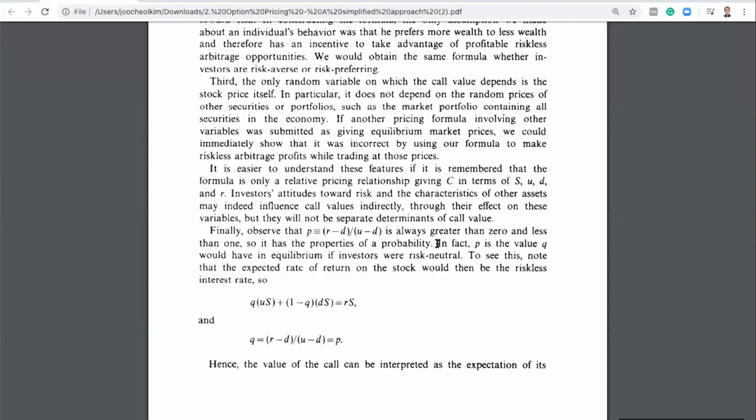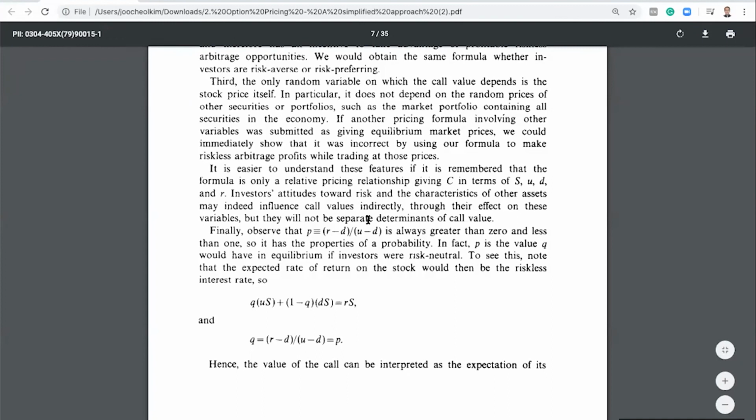In fact, P is the value Q would have in equilibrium if investors were risk neutral. And this is the key point.